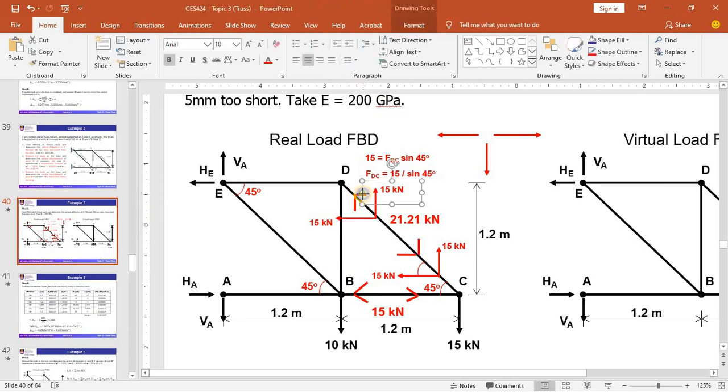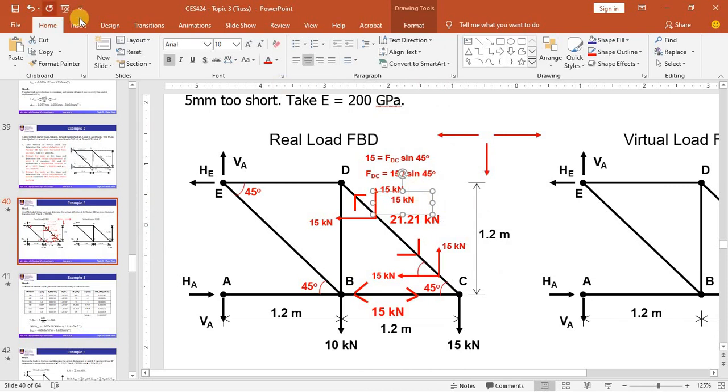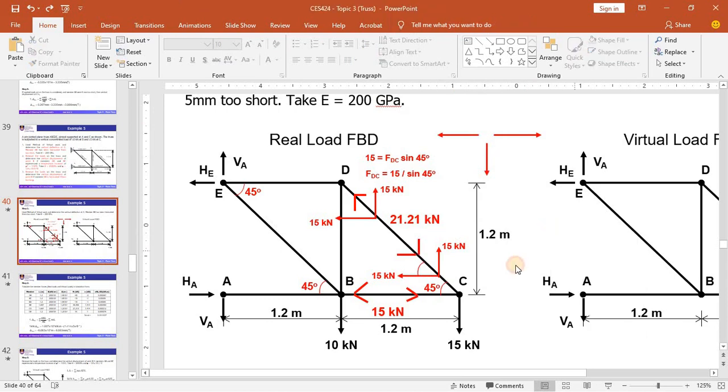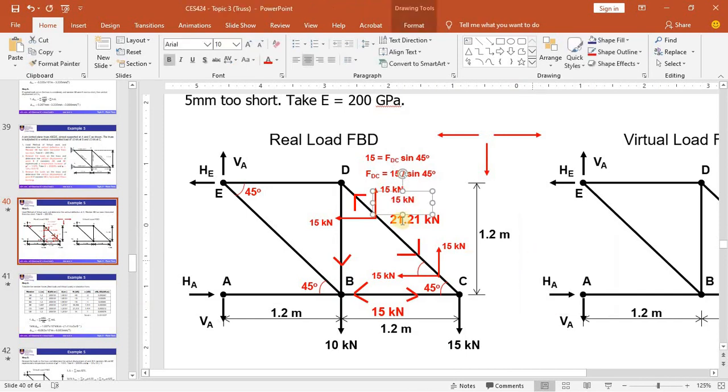Let's indicate the arrow in this diagram. This is an arrow, and the amount is 15 kilonewton. The arrow is towards the joint.